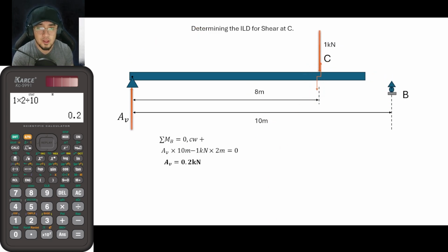So with that, guys, again, we would be cutting a section here at this part at a distance of 8 meters from this point. And again, after doing so, in order for us to get the shear at C, that is basically the summation of forces vertical, upwards positive, from the section C to the left.